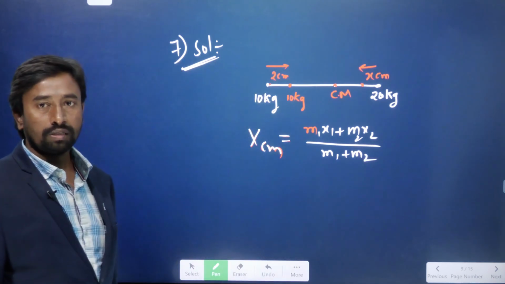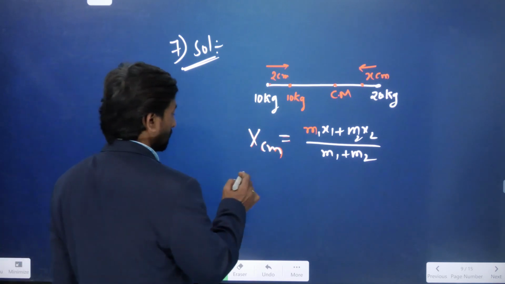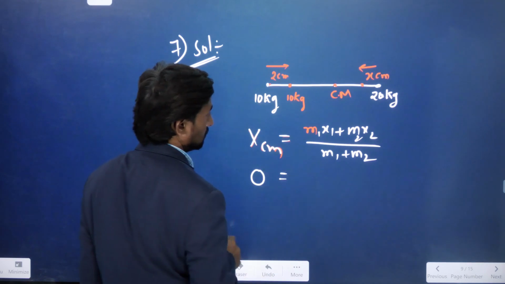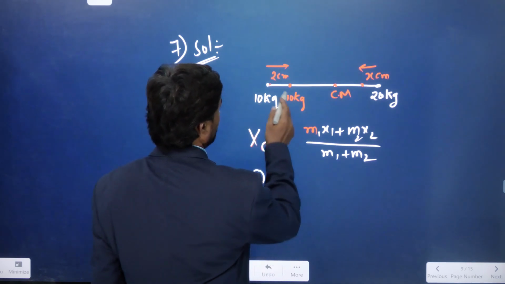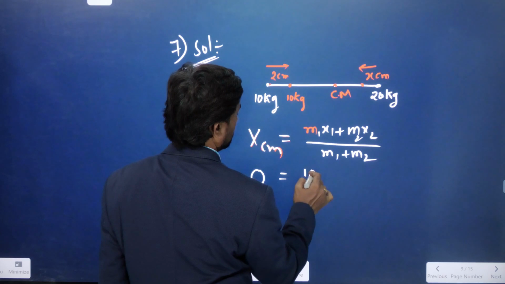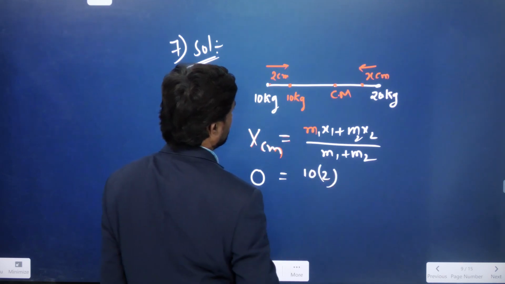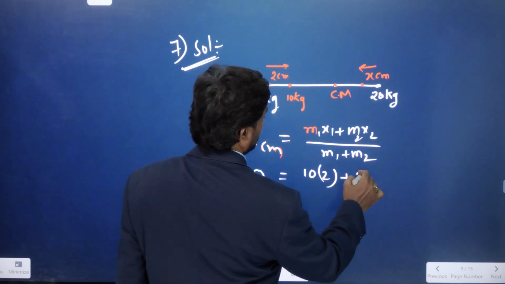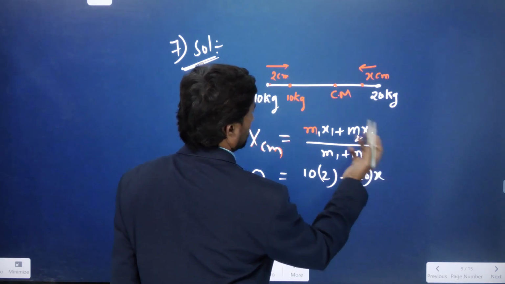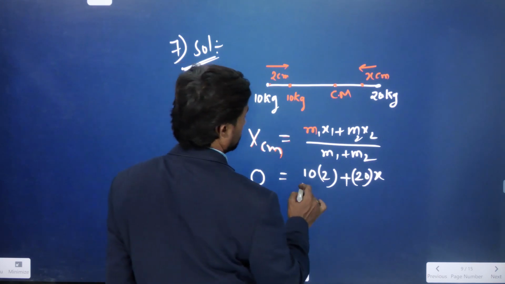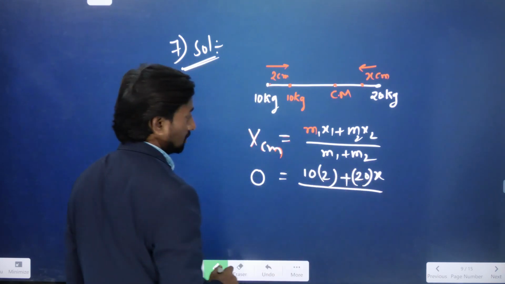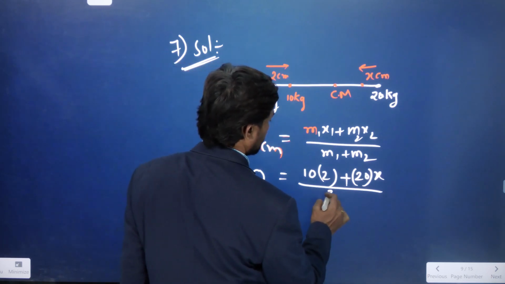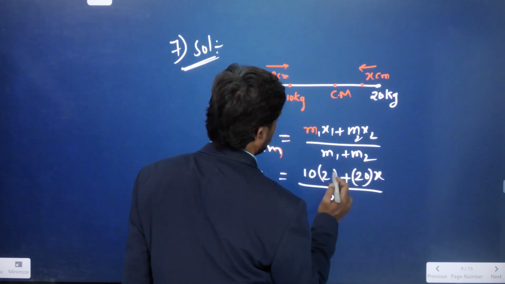The center of mass does not change, so we can consider it 0. The first body is 10 kg and it has moved 2 centimeters, plus the second body is 20 kg and it has moved x centimeters towards the left, divided by the total mass of both bodies, which is 30 kg.